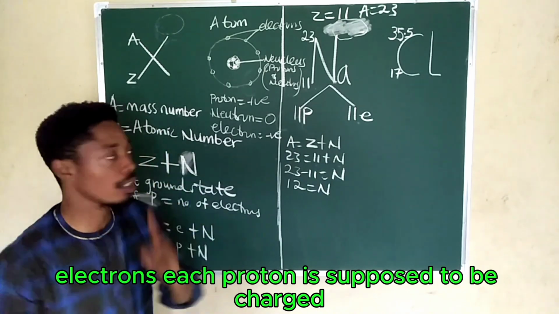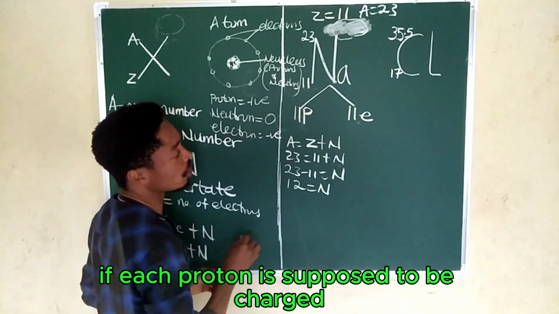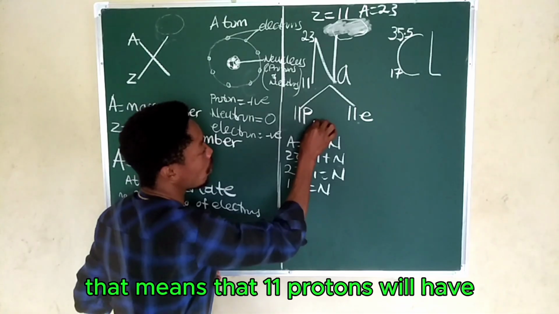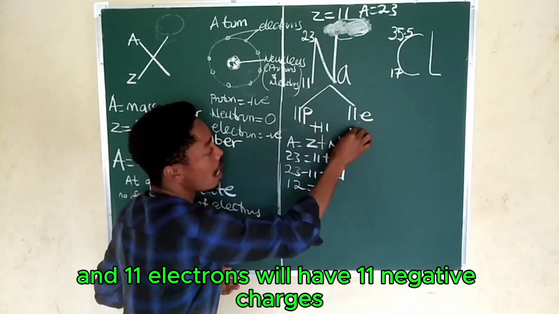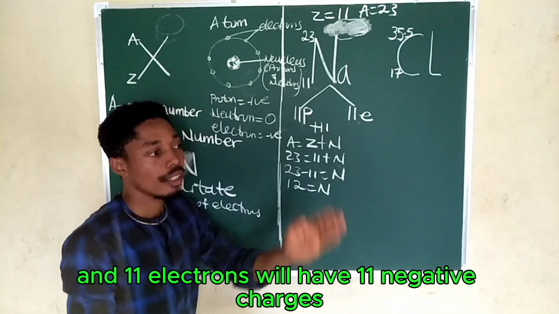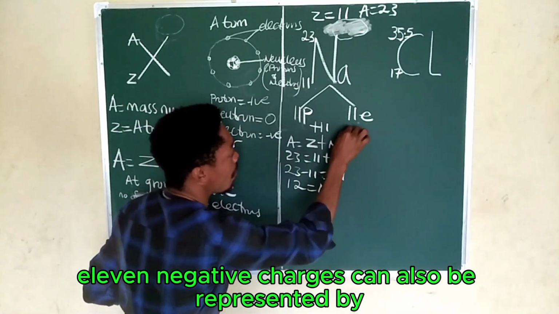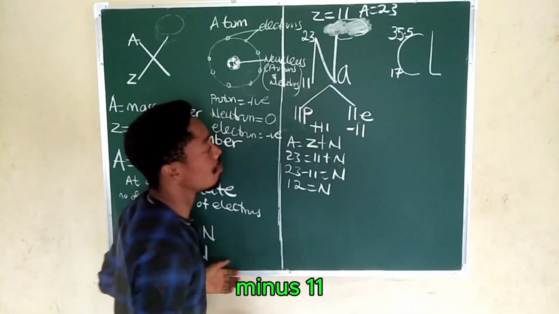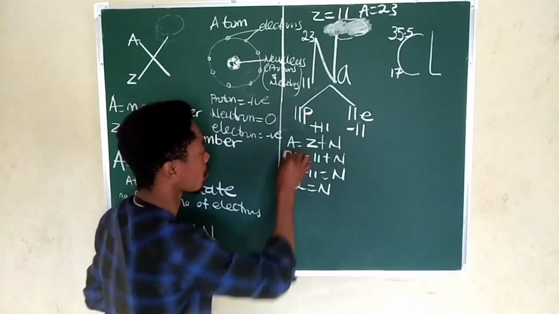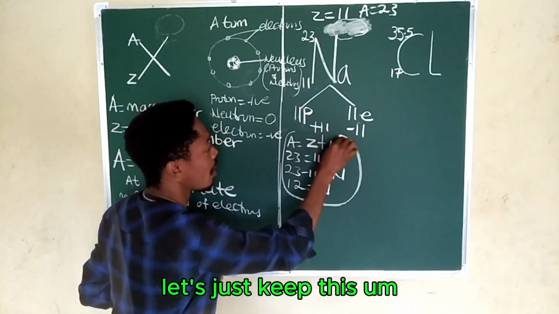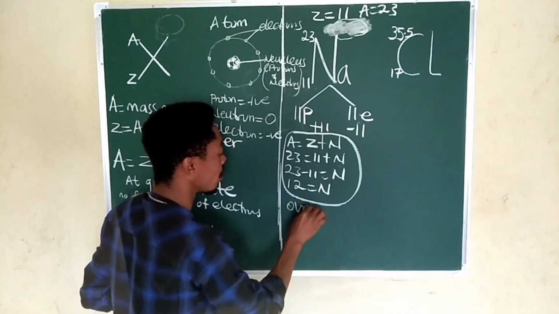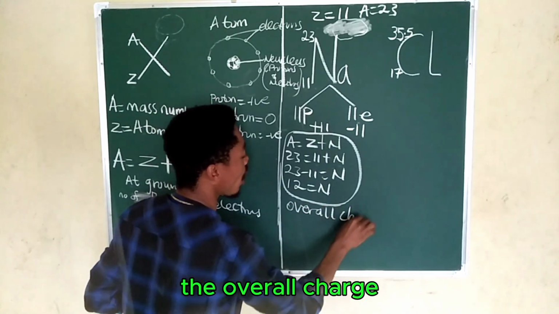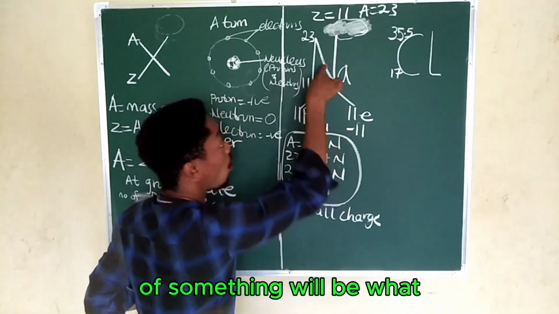Each proton is positively charged. If each proton is positively charged, that means that 11 protons will have 11 positive charges. And 11 electrons will have 11 negative charges. 11 negative charges can also be represented by minus 11. What will be the overall charge of the sodium atom?